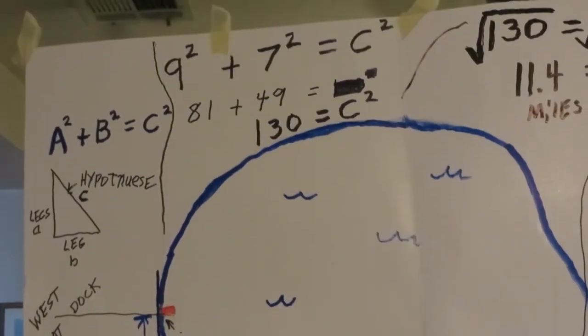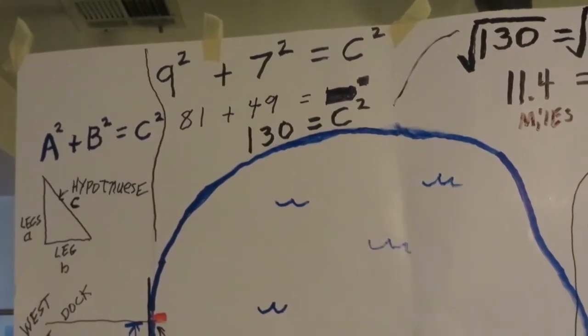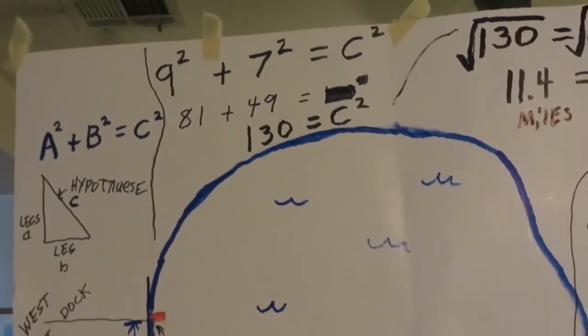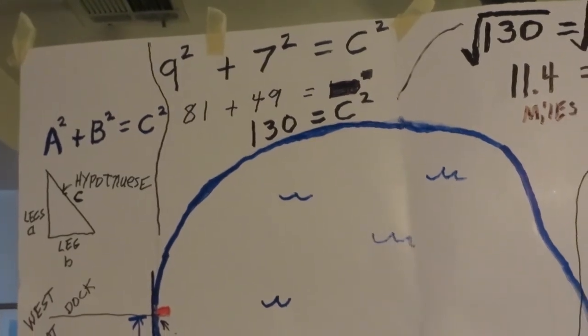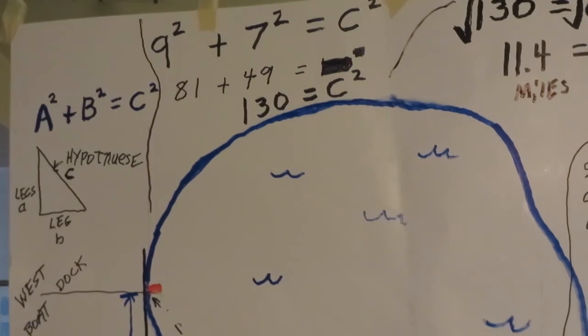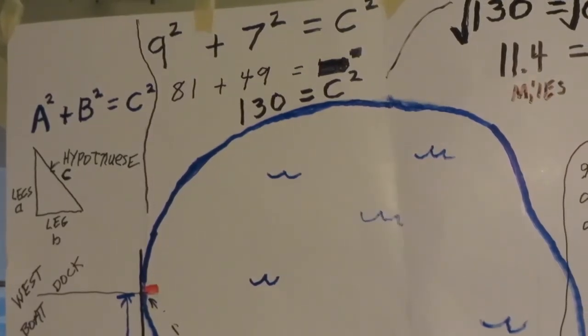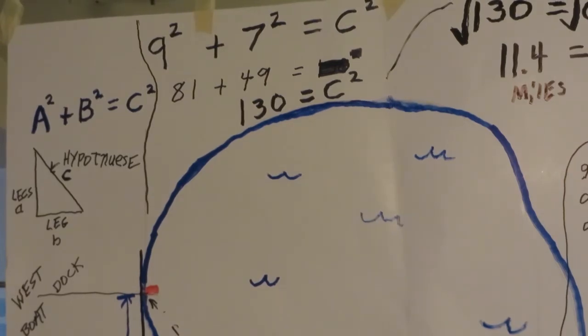So we've returned to Oval Lake, and Bob and his boat are way down below our field of view. I have the formula A squared plus B squared equals C squared. What we want to know is the value of C, because C represents the hypotenuse, that diagonal line.